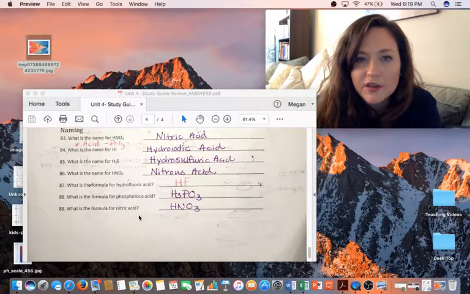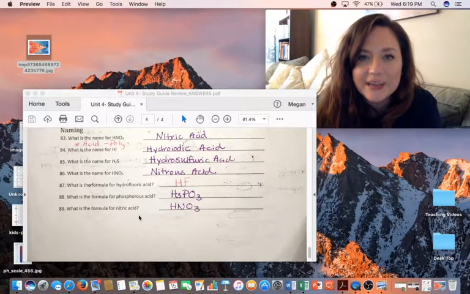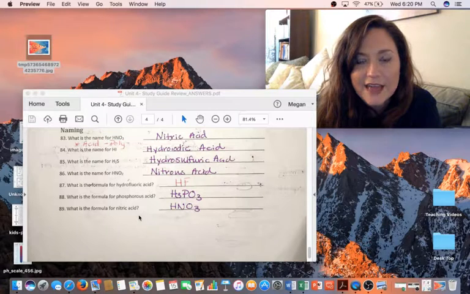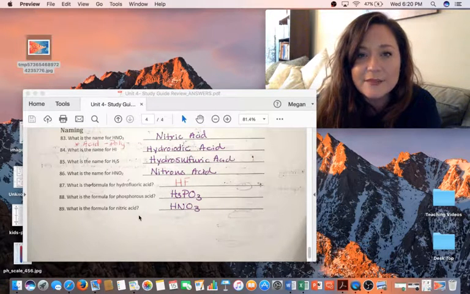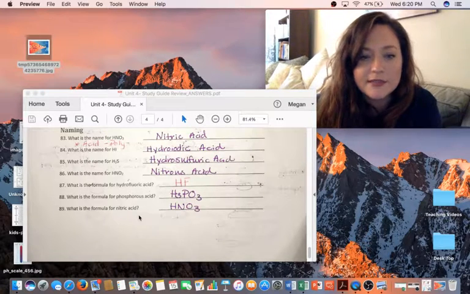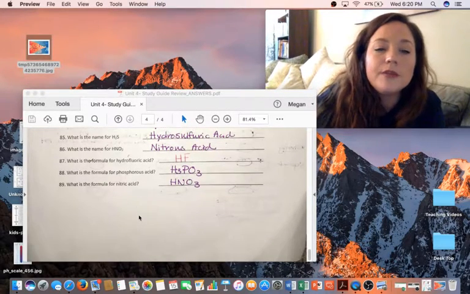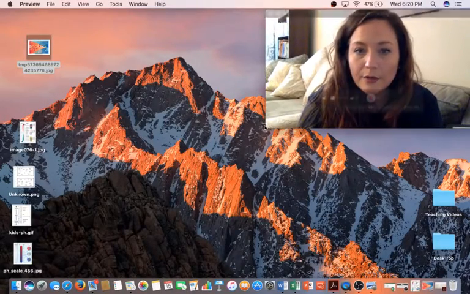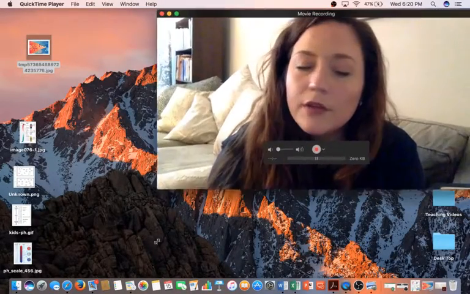Hydro only goes in front of binaries. Polyatomics like to fly solo. They do not need a hydro. But the fact that they have acid at the end still identifies them as an acid. So you don't need the hydro in front. All right, guys, you should be able to practice this.